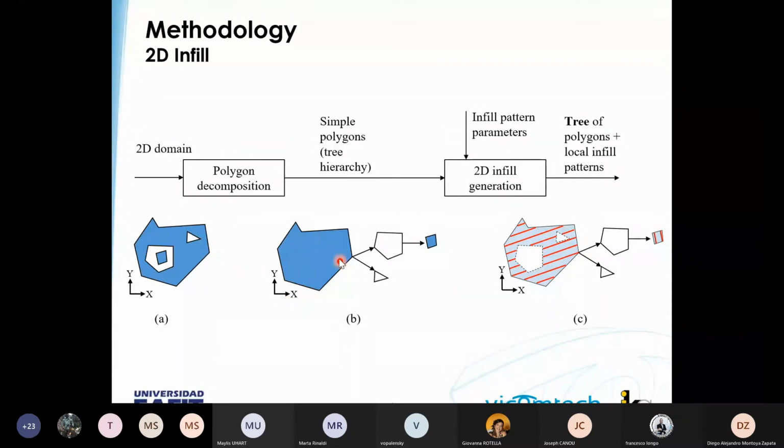Here we have the root polygon, and then we have the two holes of this polygon. Additionally, we have the island of material inside this hole. Later on, we were able to generate the infill for each of the polygons that have to be filled, considering its holes.